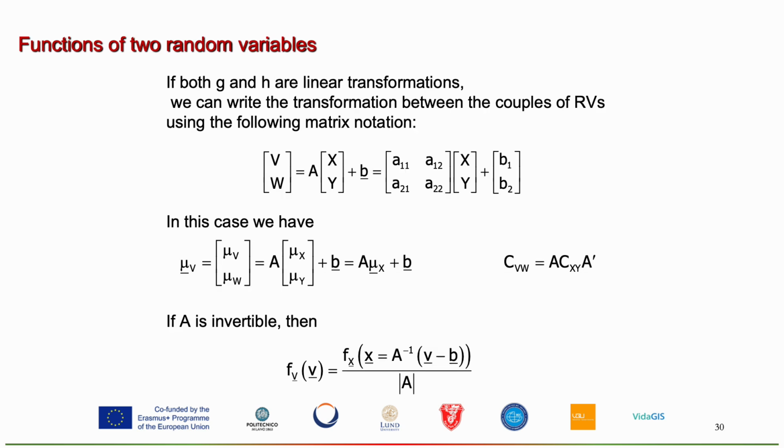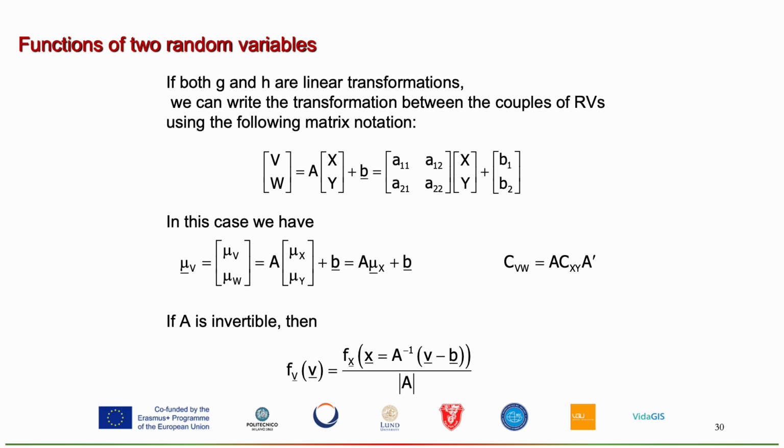Okay, let's start with the easiest case, that is that of linear transformations. I mean that V is a linear transformation of x, y and W is a linear transformation of x, y again.